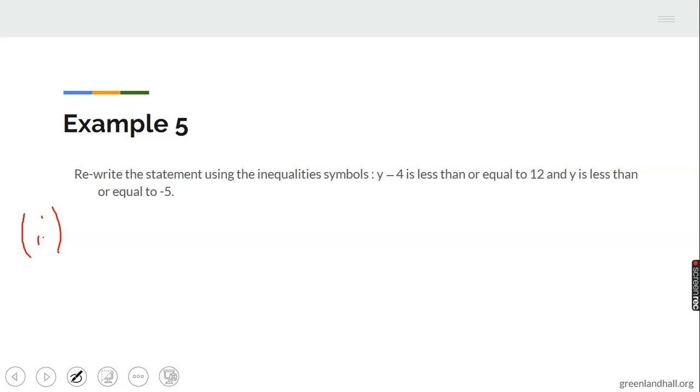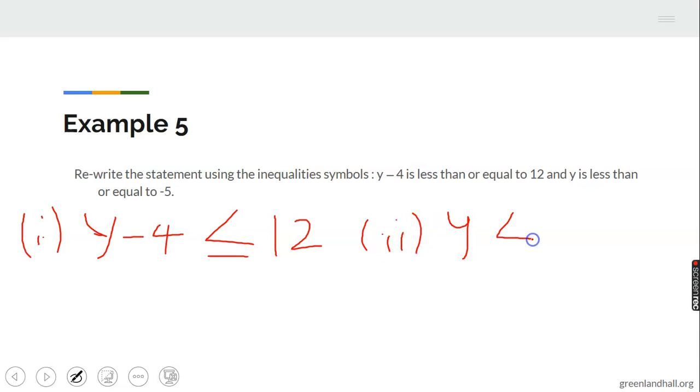I know you can do it. Okay, for those that are having some challenges, it's very simple. We have y minus 4, this is y, is less than or equal to 12. This is 12. Then the next one is y is less than or equal to minus 5.